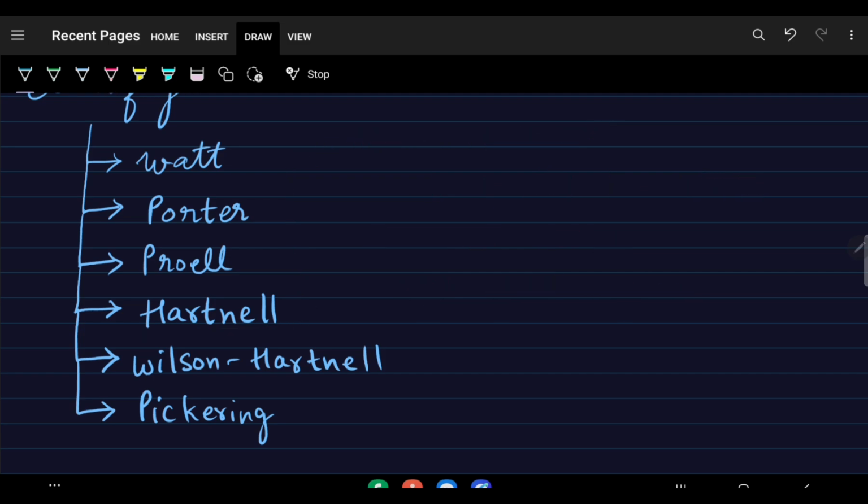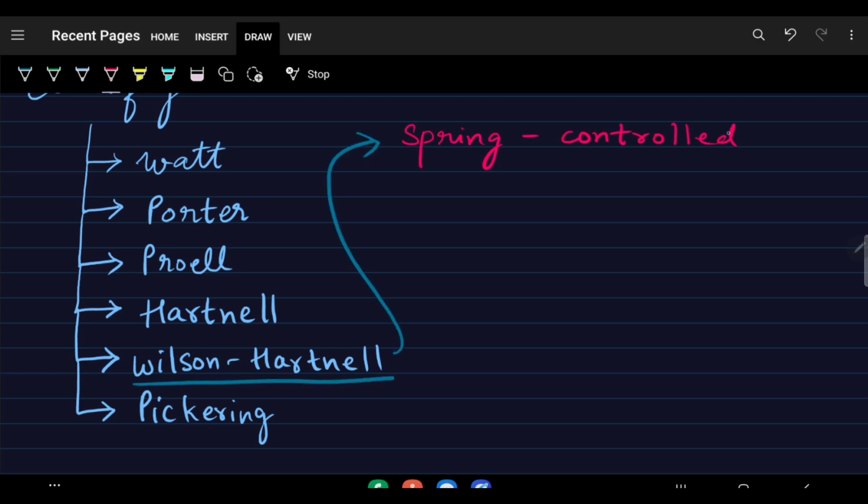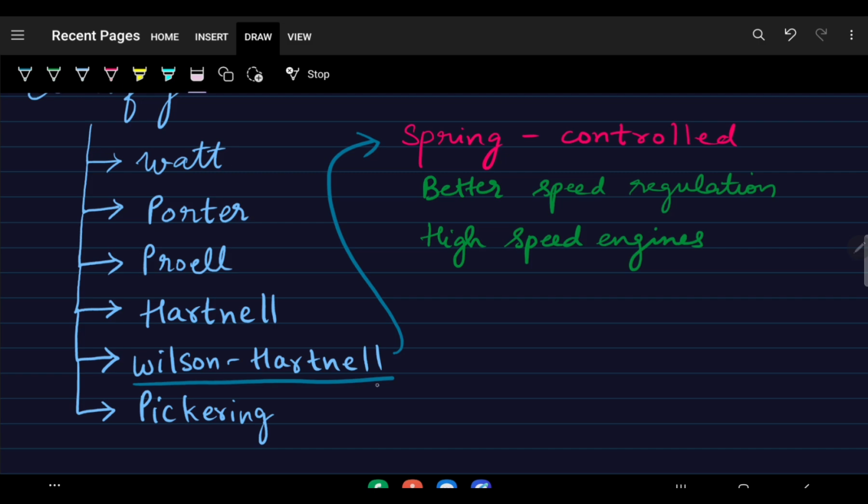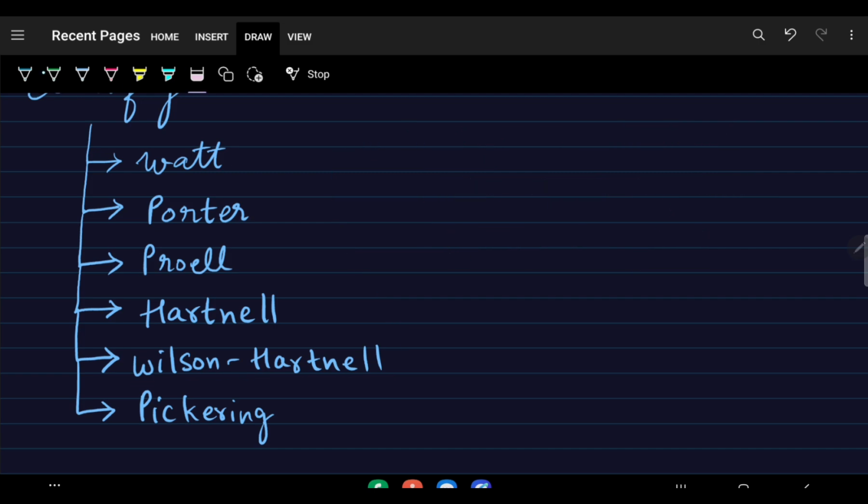And the Wilson Hartnell governor is a spring controlled governor, and it has better speed regulation, and it is used in high speed engines. Now coming on to the Pickering governor, it uses leaf springs.